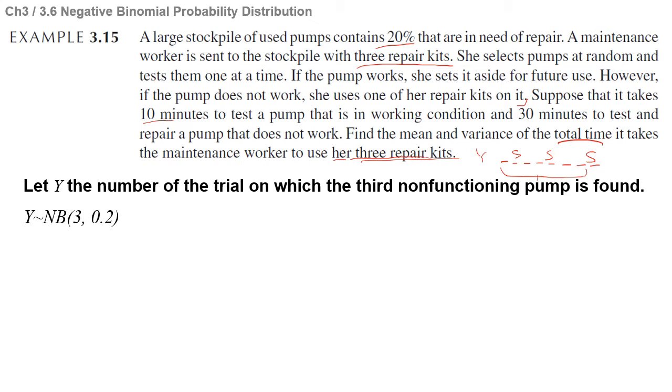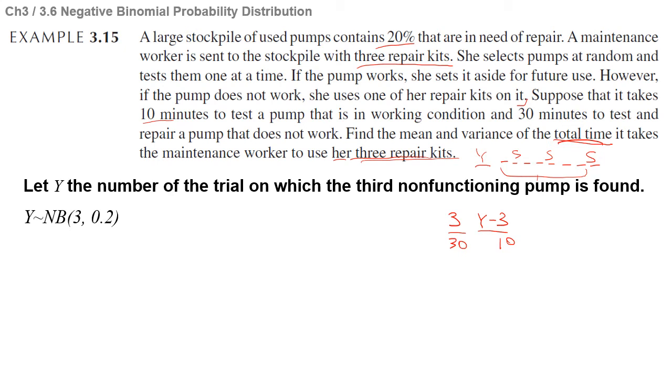And here, what we want to calculate is the total time. For a given Y, we have 3 pumps that need repair, and we have Y minus 3 pumps that are working well. For the working pumps we need 10 minutes each, and for the pumps that need repair, it takes 30 minutes each.